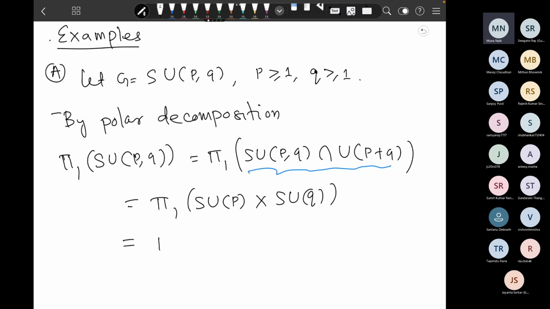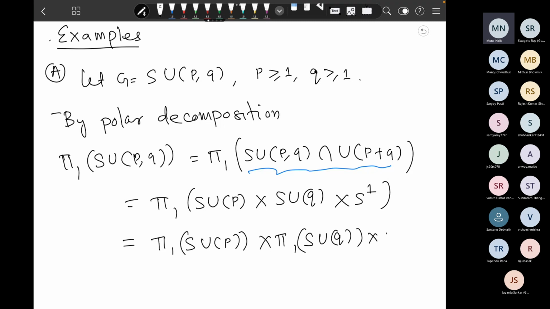So this is really pi 1 of SU(p) cross pi 1 of SU(q) cross pi 1 of S1.